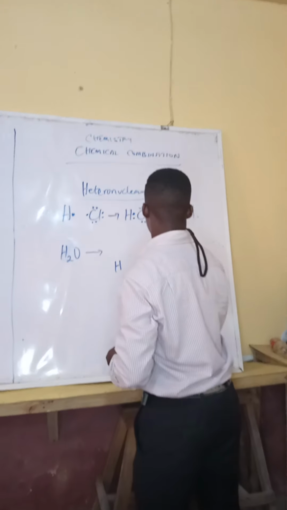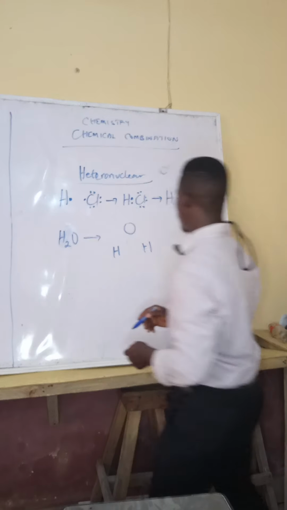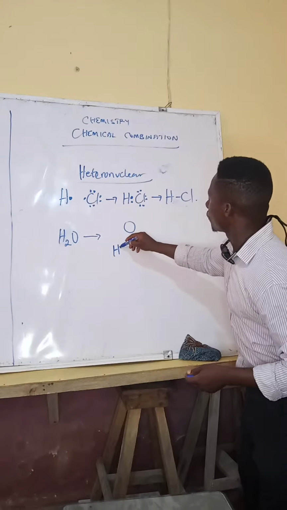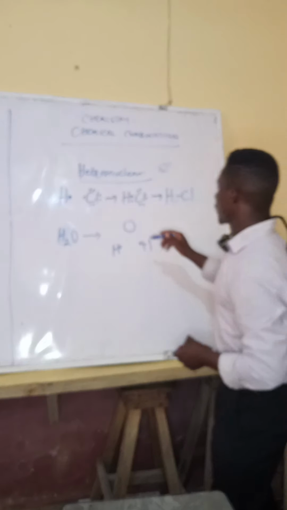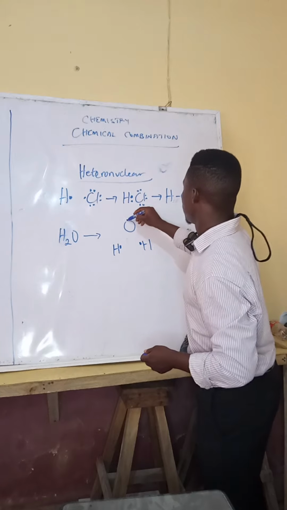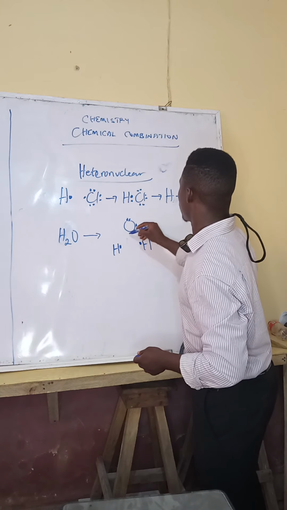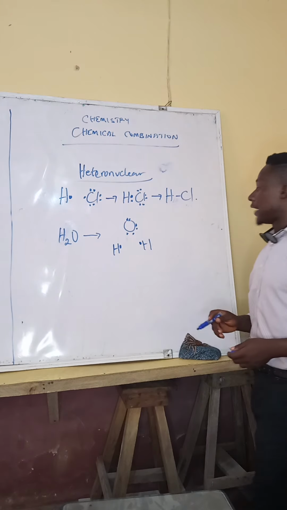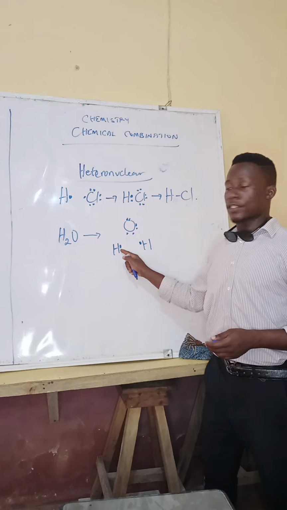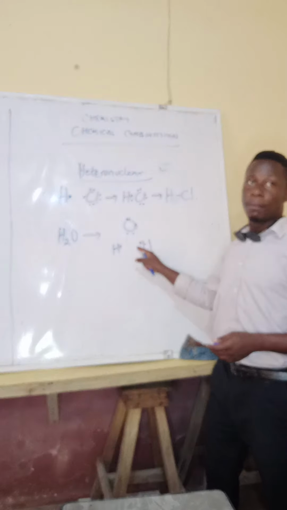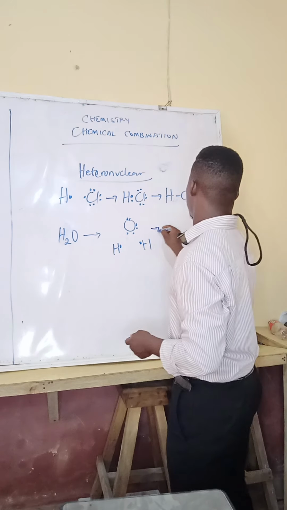Now this hydrogen has 1 electron, this one has 1 electron, and oxygen has 6 electrons in its valence shell. For them to share, this electron combines with this, and this electron combines with this.